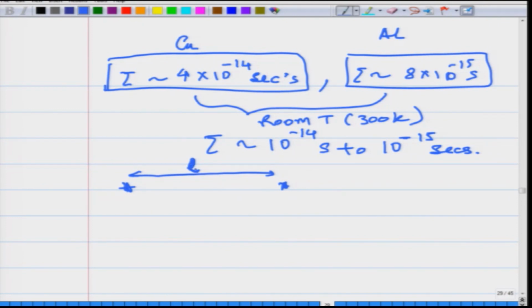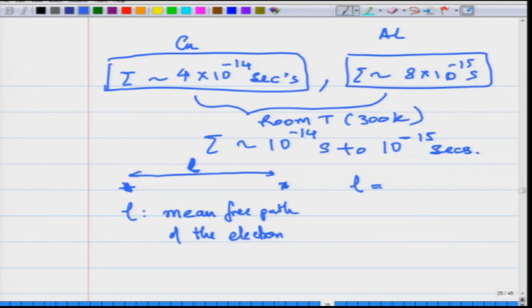L is the mean free path of the electron. The average distance which is travelled by the electron between two successive collisions is the mean free path. So, let us try and estimate the mean free path of the electron.